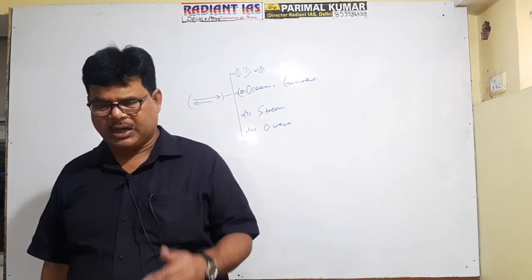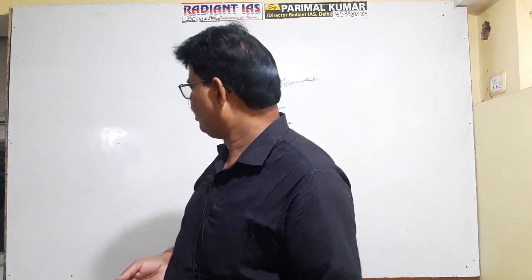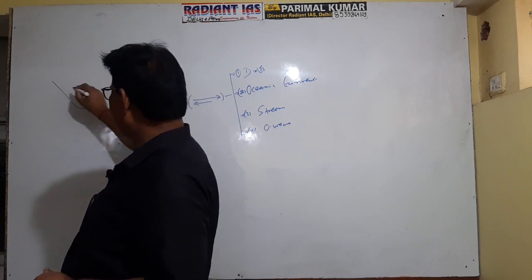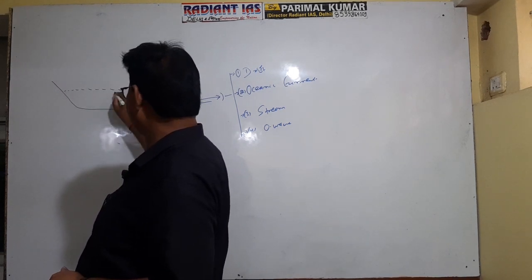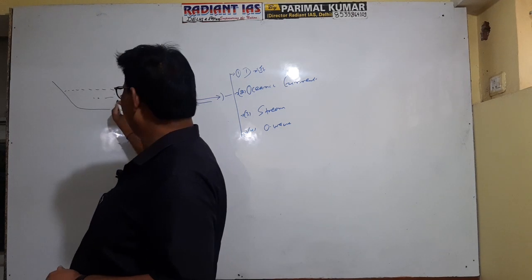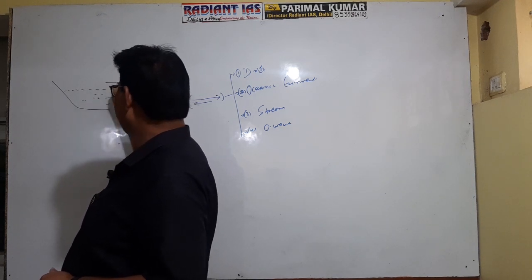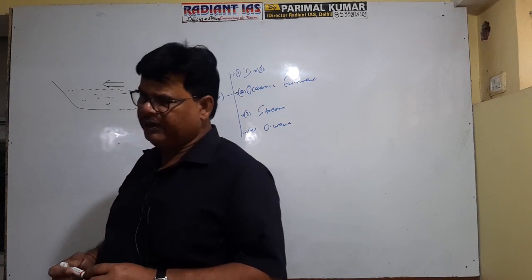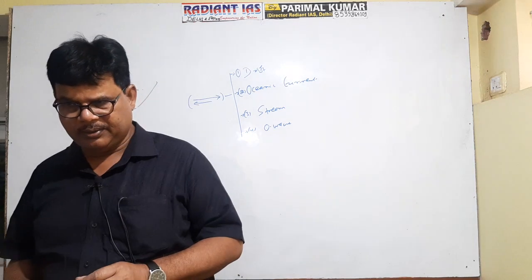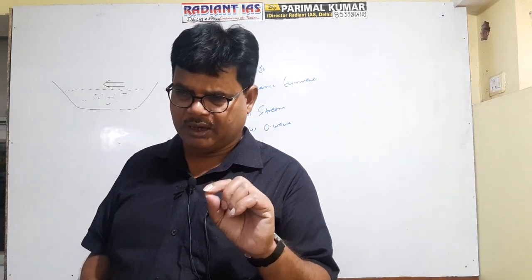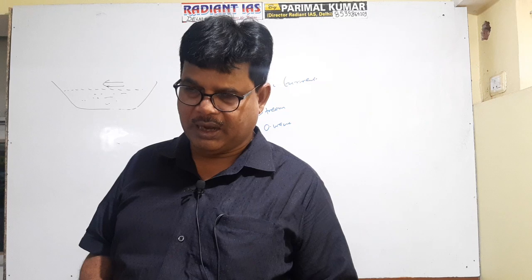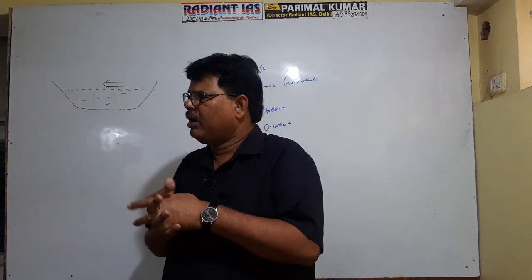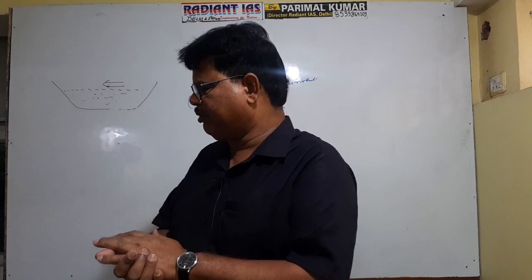As far as the question of drift is concerned, suppose this is an oceanic area, and this water is filled in this area. If very fast blowing wind blows over the oceanic water, the wind will exert effective friction on the water, and almost 1.5 meter of the water remains under the frictional force of the wind.